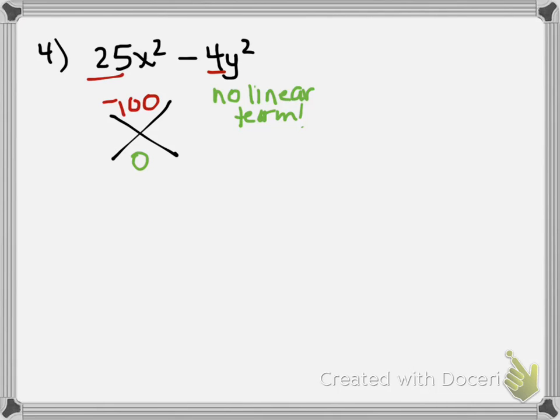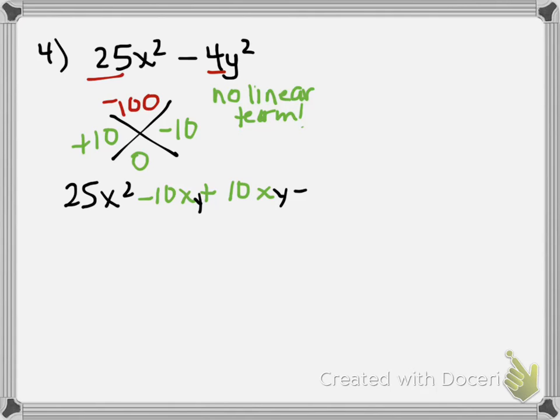All right? So what are two numbers that multiply to give me negative 100? It has to be a positive 10 and a negative 10. So this would give you 25x squared minus 10x plus 10x, or it'd be xy to be honest with you. Should be xy. And then we have minus 4y squared. And then we just factor by grouping.